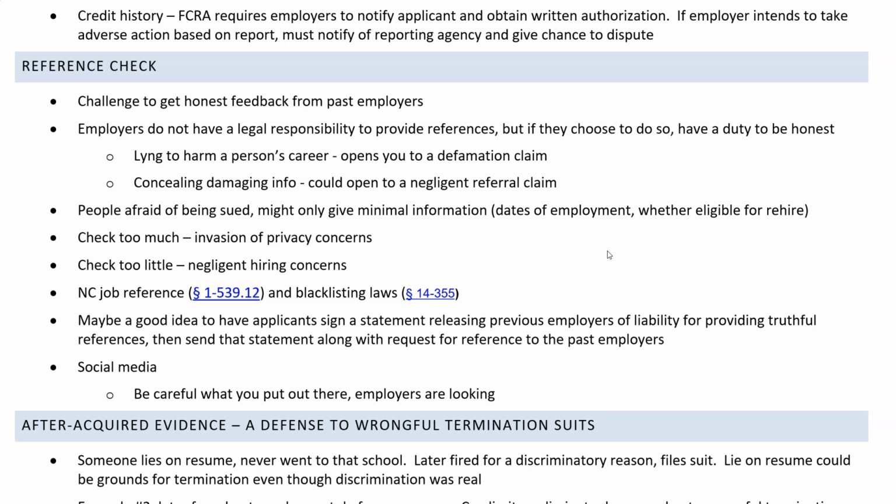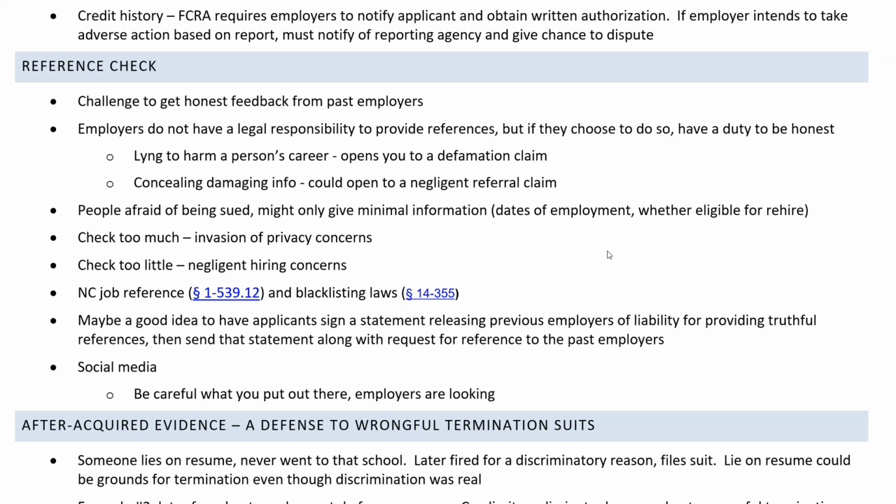On the other side of that, if there is damaging information out there and I conceal it, that could potentially open me up to a negligent referral claim. And so the two sides of that coin are why a lot of companies now are so hesitant to release anything more than very minimal information: dates of employment, whether they're eligible for rehire.